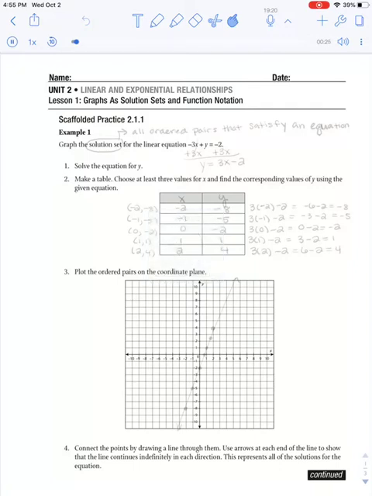So the first thing let's talk about is what's a solution set? Well, that's just all ordered pairs that satisfy an equation.